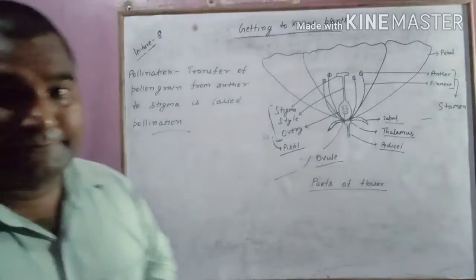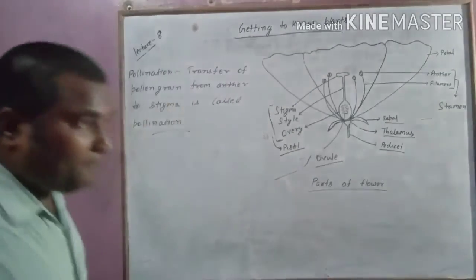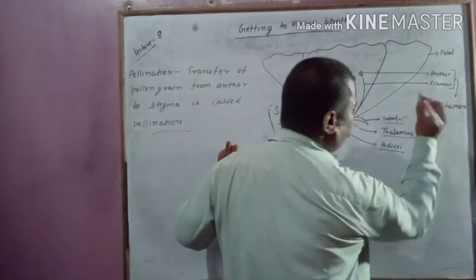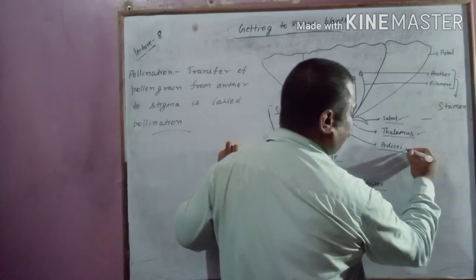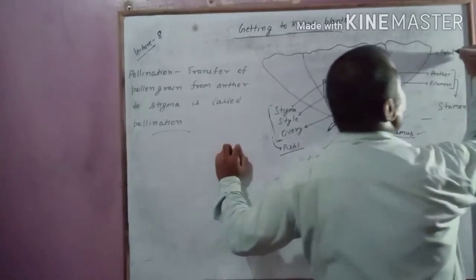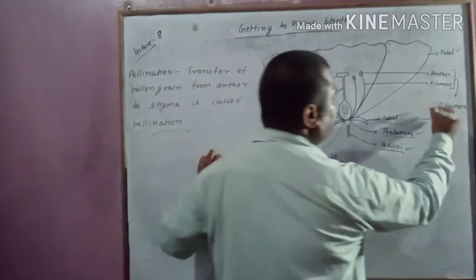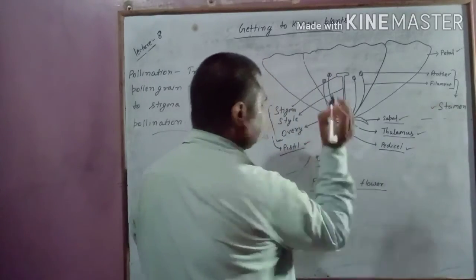Okay, next thing is the male reproductive part. We have seen sepal, thalamus, pedicel, and petals. The next two important things remaining are stamen and pistil.